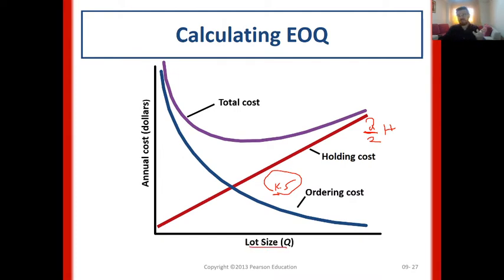Let me just give an example. If the annual demand is 1,000 units, and suppose that the order quantity is 100 units, so every time you give an order, the order size is 100 units. How many orders do we give in this case? We give only 10 orders.